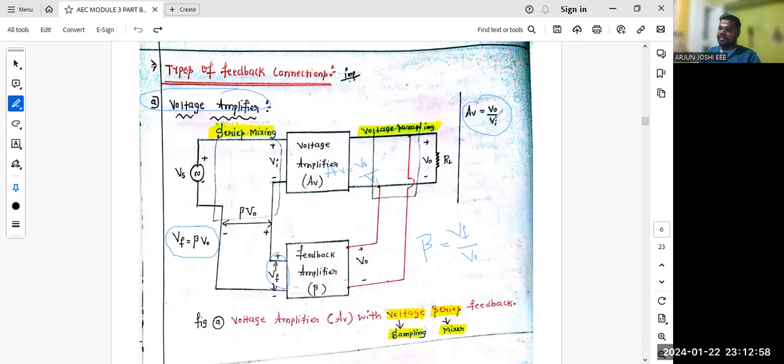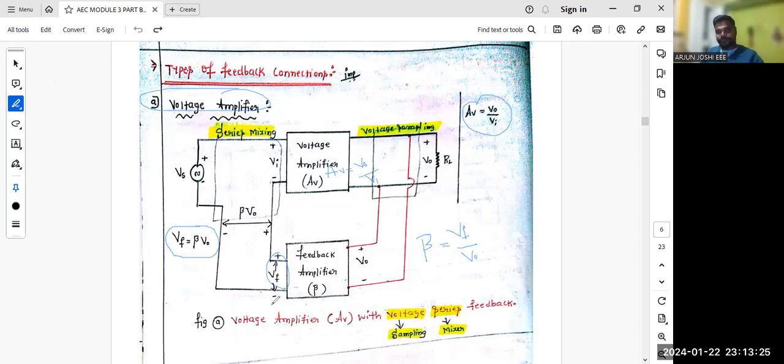You already know the basics. So the block diagram name is voltage amplifier with voltage series feedback. Series is nothing but the mixer at the input, and the sampler is voltage sampling, that is nothing but output voltage.